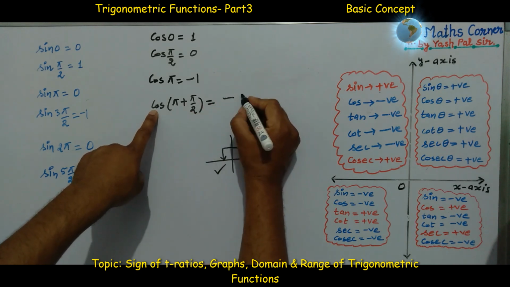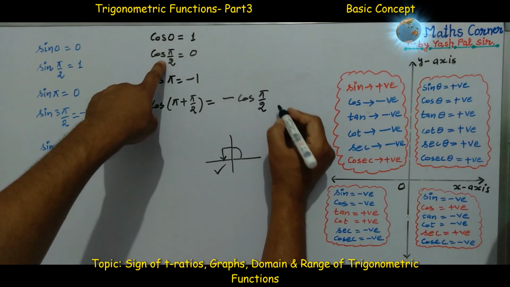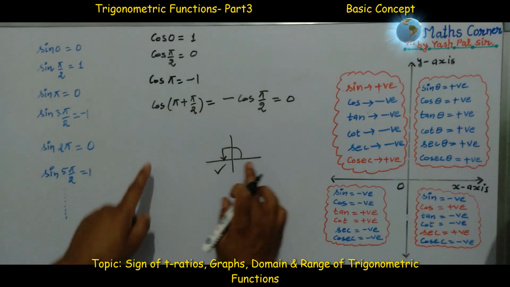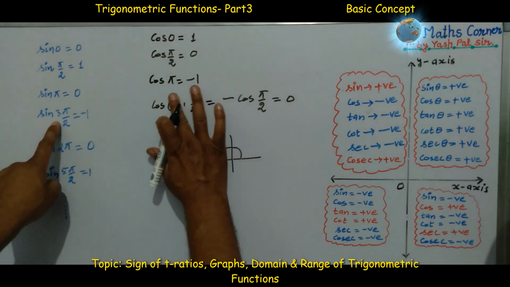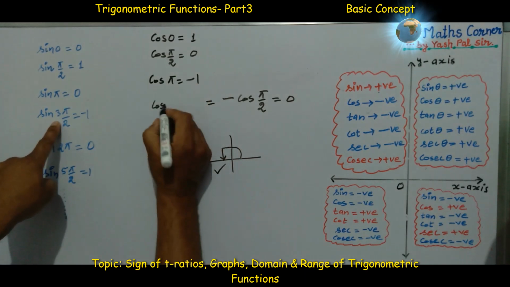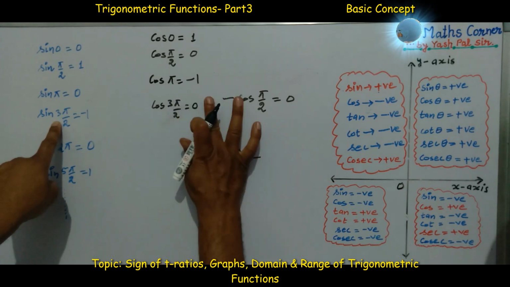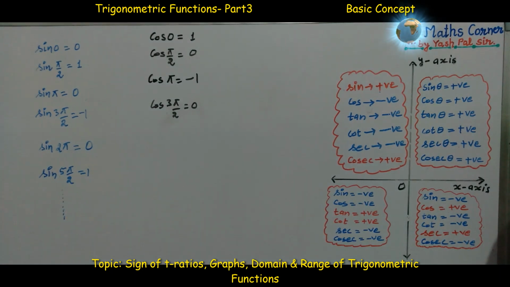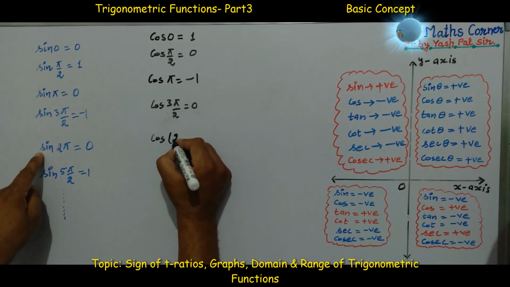Cos becomes cos pi by 2, but the value of cos pi by 2 is 0, so the whole value is 0. Pi plus pi by 2 is 3 pi by 2, so cos of 3 pi by 2 is equal to 0. This is the conclusion.